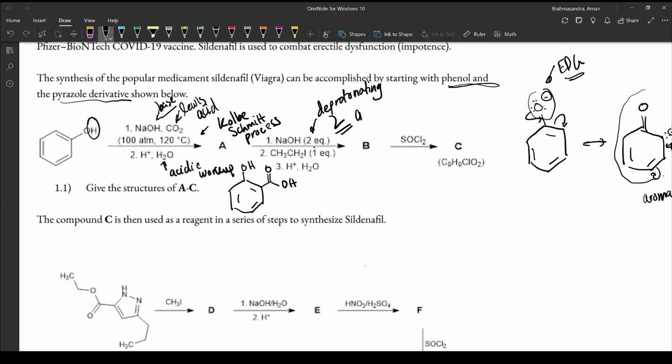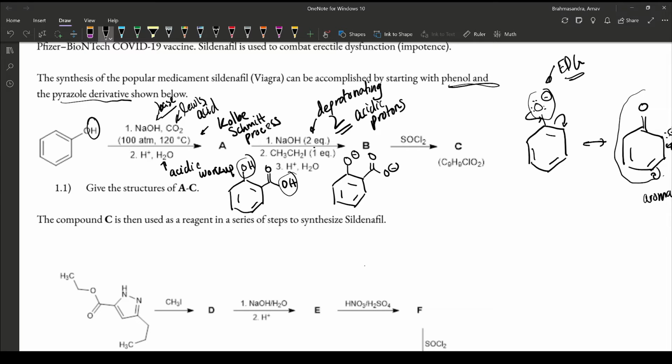And if we look at our compound, we can see that we should have 2 acidic protons. We have our phenol proton, our alcohol proton, and our carboxylic acid proton. So we're basically going to deprotonate both of them. That's what we do in our first step, so we end up with that, right?